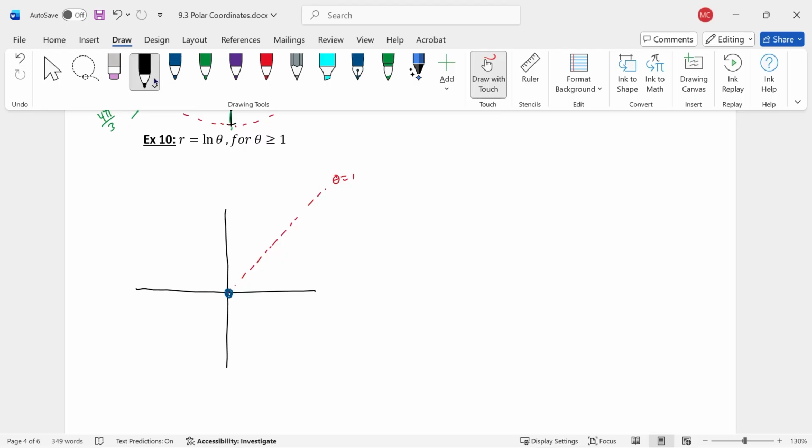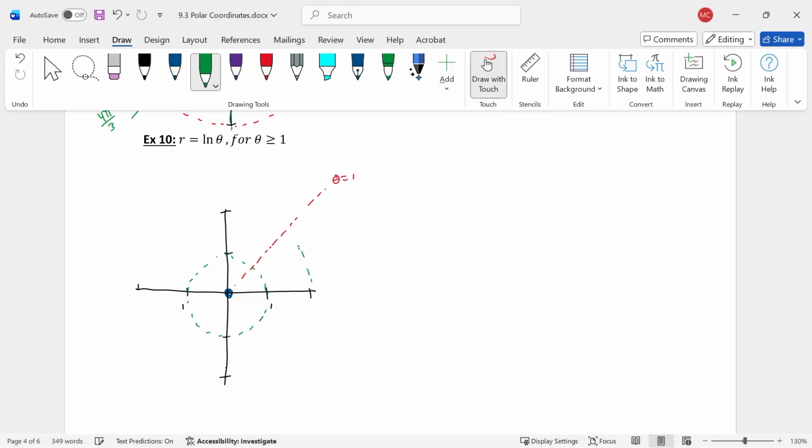And I'm going to draw a couple of circles as guidelines. But the reality is, with this one you're only going to be able to get a rough sense of what this graph looks like without using some sort of graphing tool.